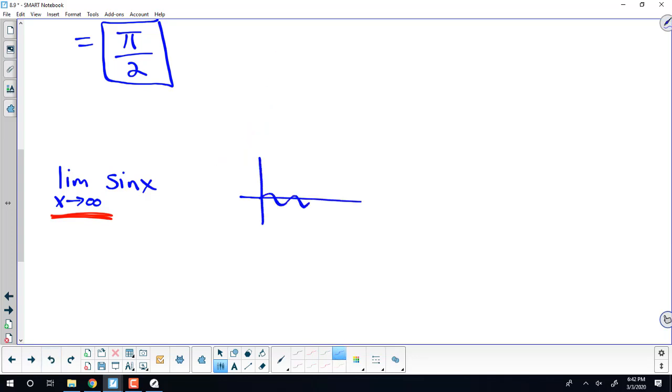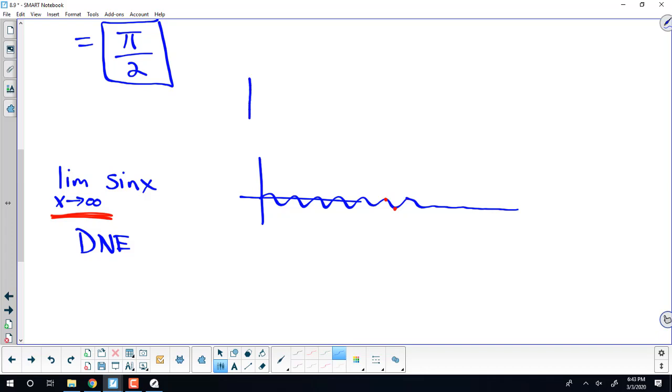Sine is just always oscillating. If you say it's 1, that's not true, because way out here it's 1, but even further out it's negative 1, and even further out it's 1 again. So we say that limit doesn't exist, because the function isn't flattening out.